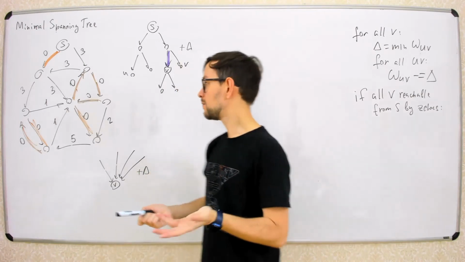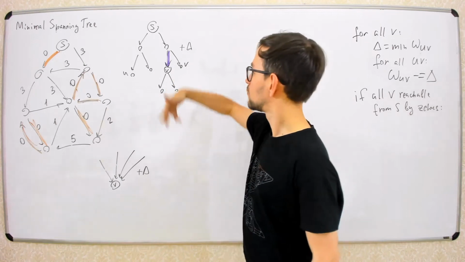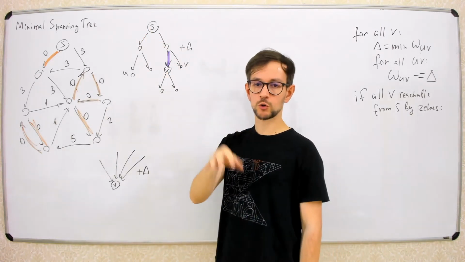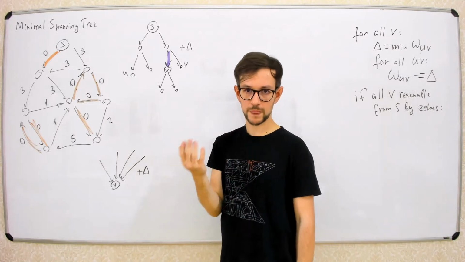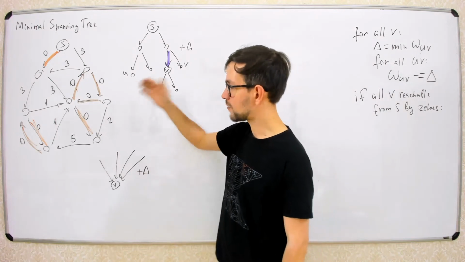Why? Because you can build a tree from node S which uses only 0 edges, so the total cost of this tree is 0. And you cannot have a tree with cost less than 0 because all the weights are non-negative.